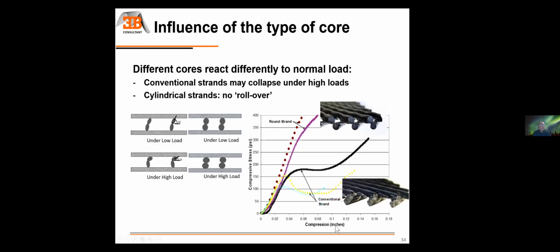So you can see here on the compressive stress versus compression of the product, the conventional strands can see a very large reduction of thickness at a given stress, while some other products with a different structure can resist much higher stresses.